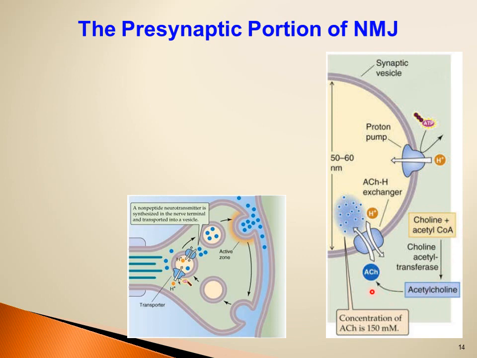And now we have ready acetylcholine that will be transported or antiported in exchange for hydrogen. So acetylcholine will enter the synaptic vesicle at this exchanger in exchange for hydrogen down its concentration gradient. As I said, hydrogen concentration is very high, so hydrogen will operate the secondary active transport system.